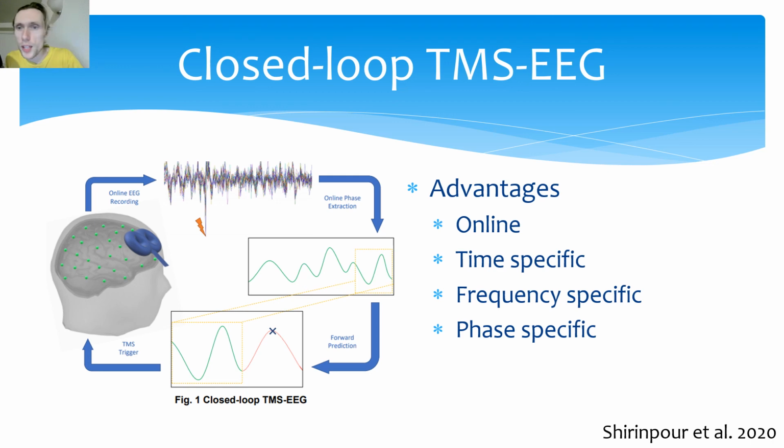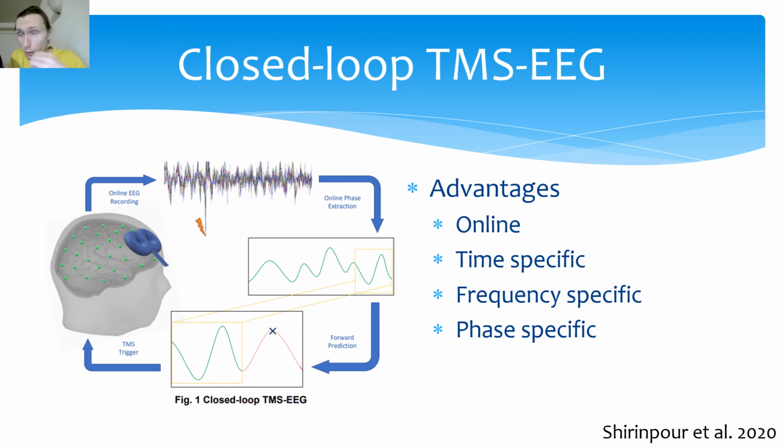It's not like you change your TMS based on the signal you're getting, and that's kind of what closed loop TMS does. A method that has been developed just a few years ago, and that we have developed as well in our lab, is a closed loop TMS-EEG system, where you read out the ongoing EEG activity.